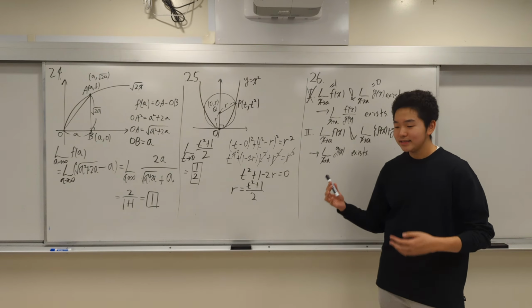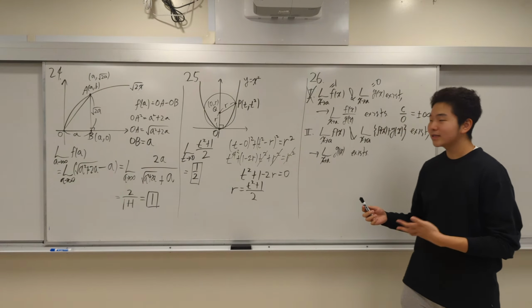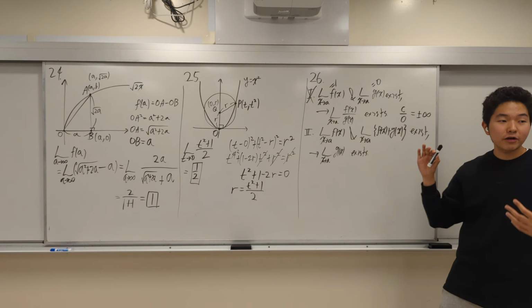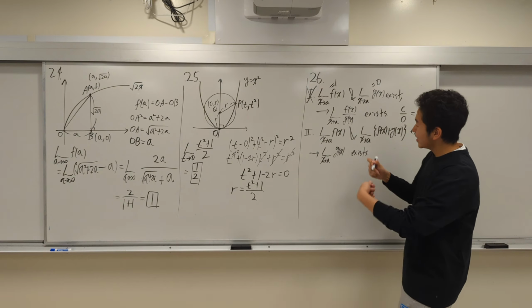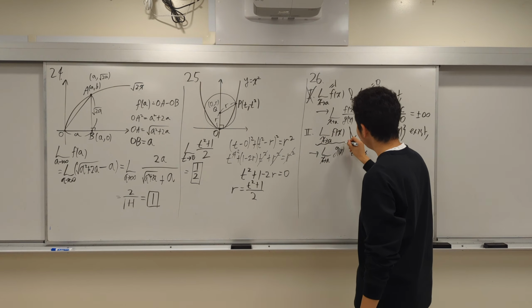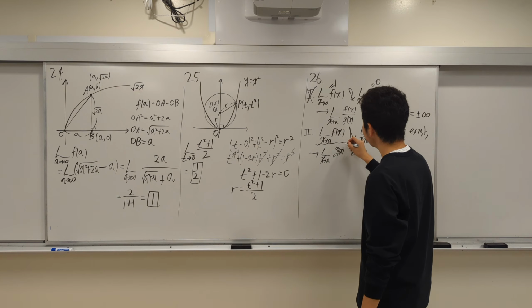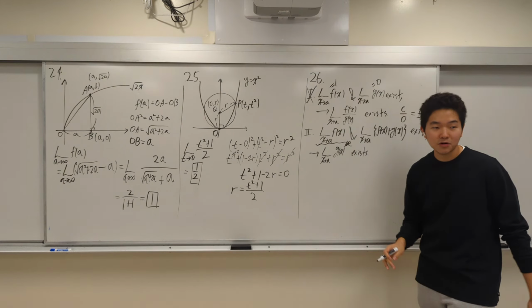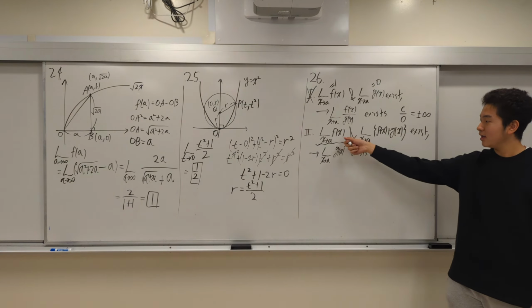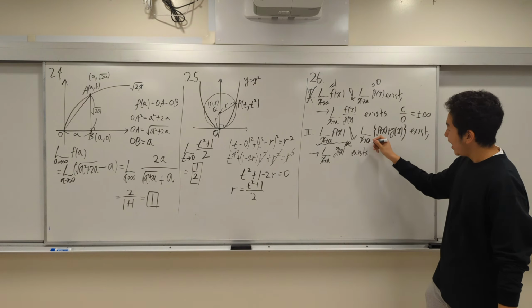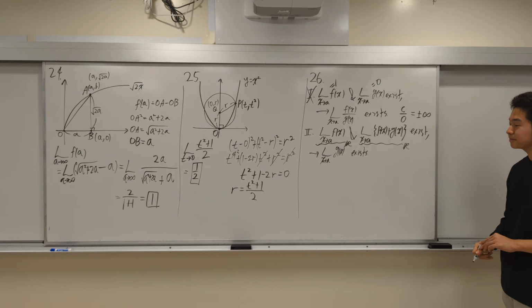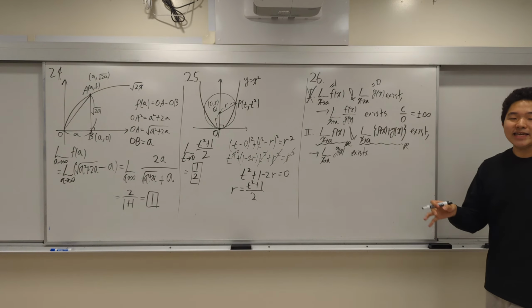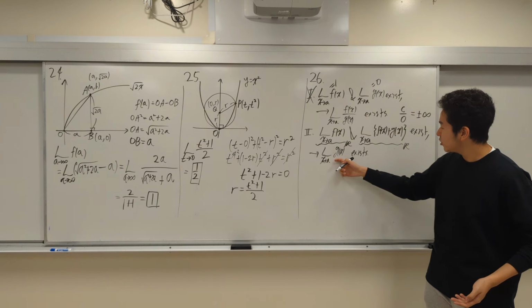So if a limit exists, what does that mean? It converges to a real number, right? So limit x goes to a of f of x exists, which means that this is part of the real number line. We can assign a real number to it. And this is also a real number because the limit exists. Now, you take any real number, and how do you get limit g of x?